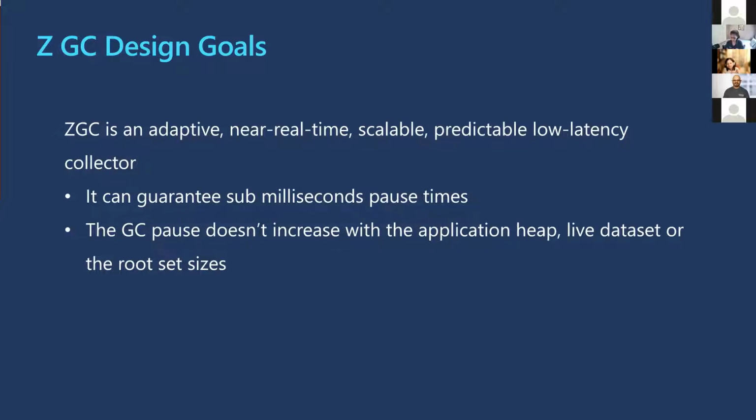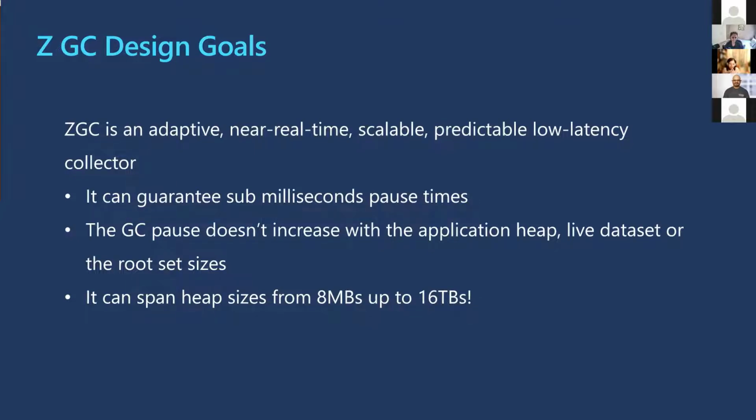ZGC guarantees that it will give you sub-milliseconds pause time. And what that means with respect to end user, again, it means that a ZGC heap can span from 8 megabytes up to 16 terabytes. And it guarantees you that your sub-millisecond pause times would be the maximum pause times that you will get, which is amazing.